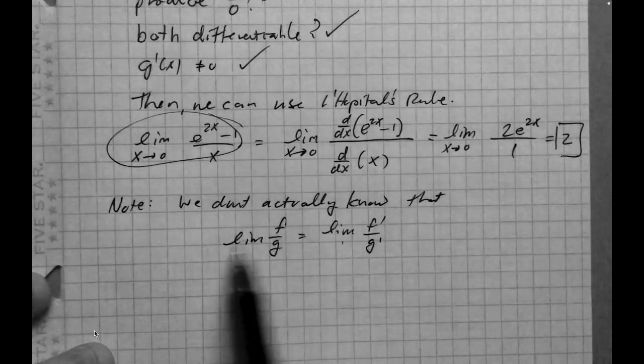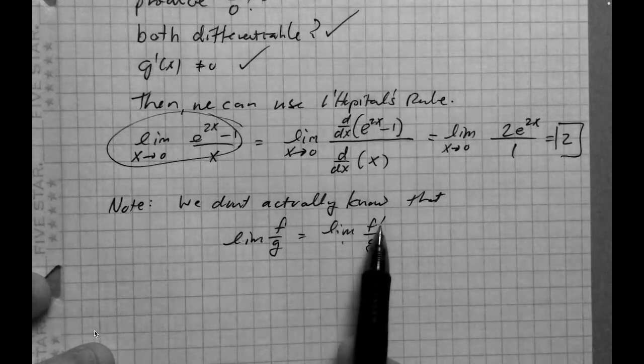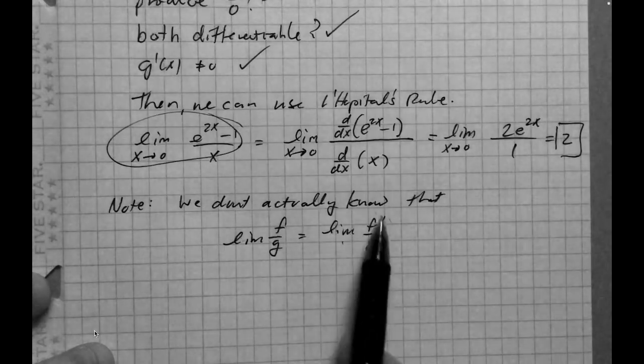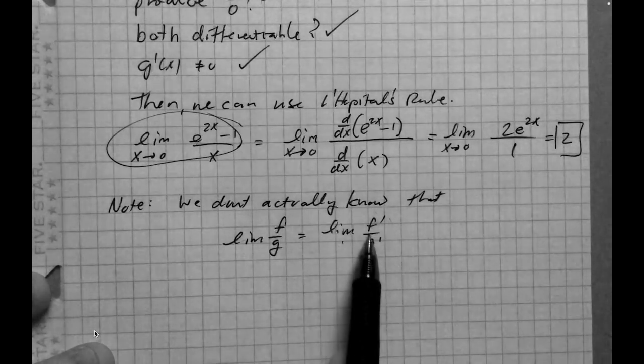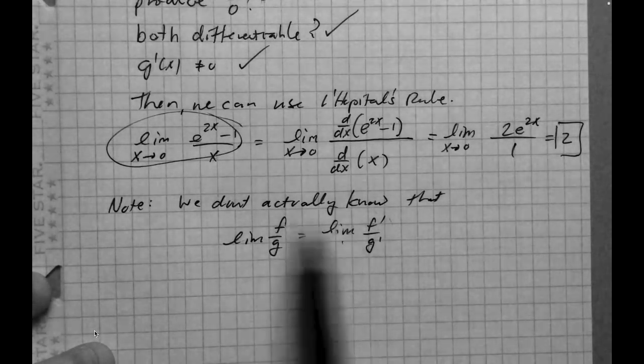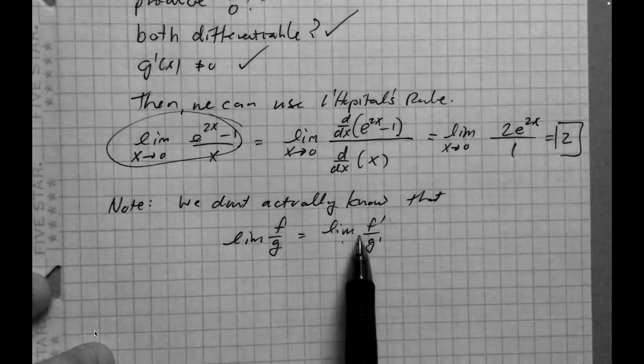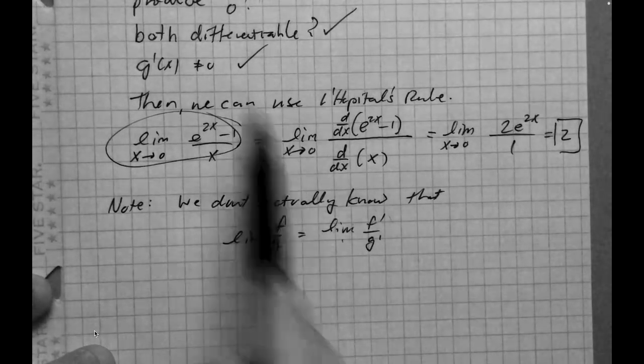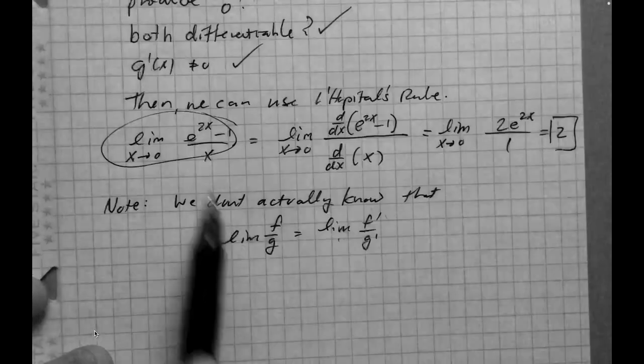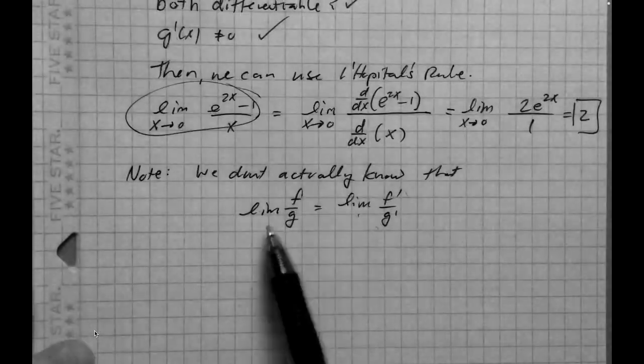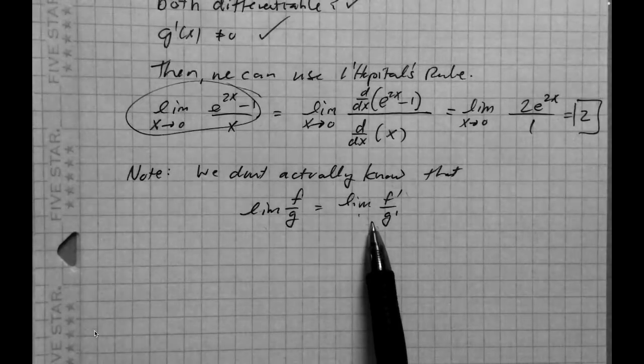We don't know that they're equal until we are able to determine that this limit actually exists. If this limit doesn't exist, then they may not be equal. This limit may still exist if this one doesn't. But if these criteria are met and this limit exists, then these two are equal, okay?